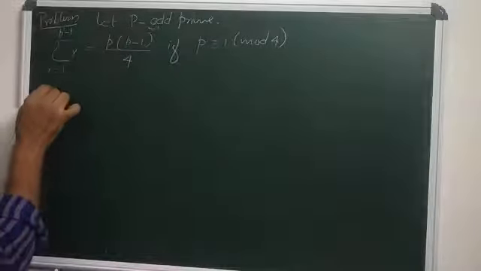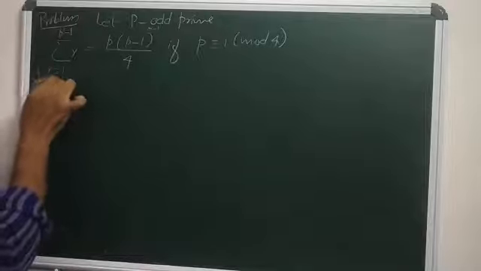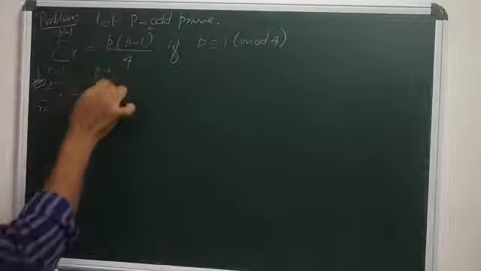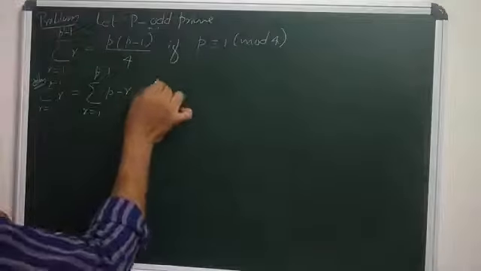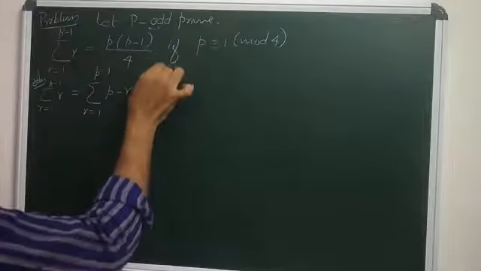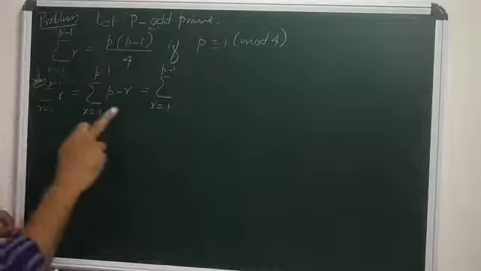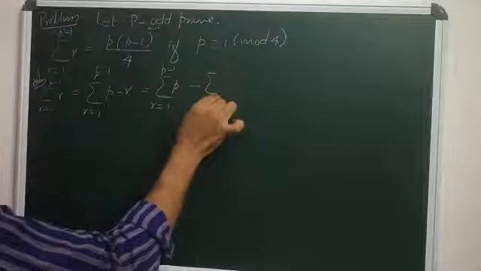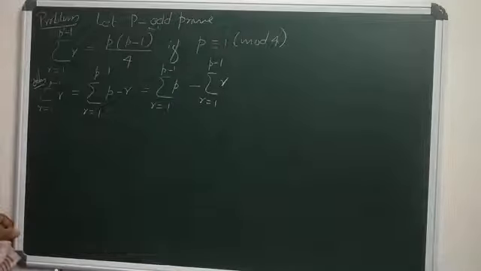How? Again we know that sigma R ranges from 1 to P minus 1 of R is nothing but sigma R ranges from 1 to P minus 1 of P minus R. So that is nothing but sigma over R from 1 to P minus 1 of P minus sigma R ranges from 1 to P minus 1 of R. Agree?